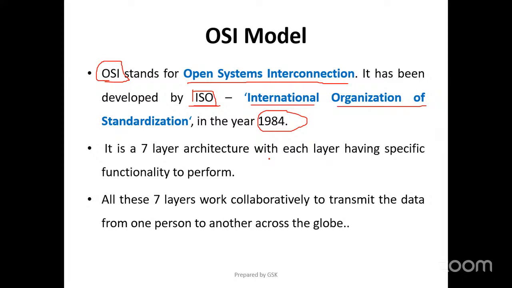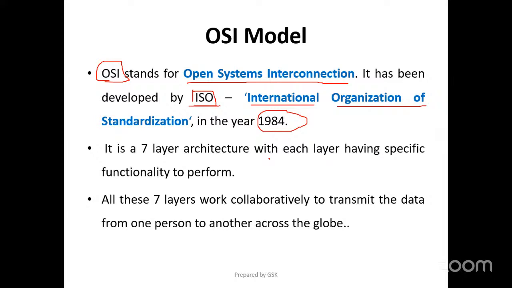For example, IBM maintained its own format to transmit data over the network. Apple also maintained its own format, its own rules to establish the network. There were no standardized rules to frame the network.